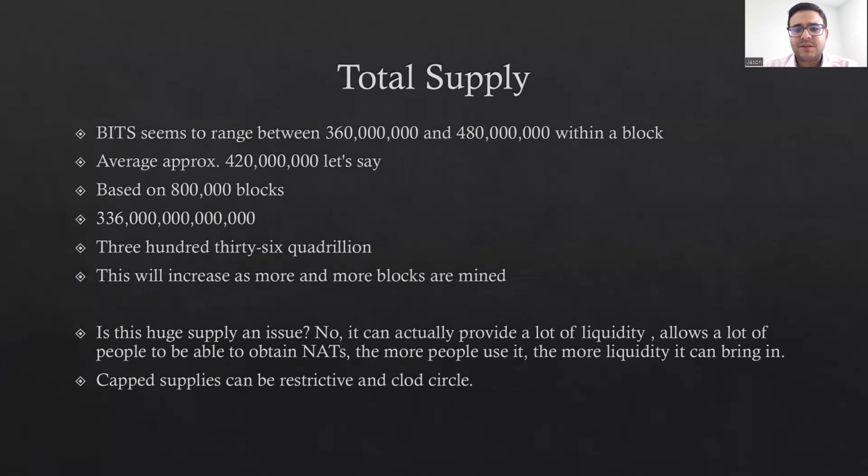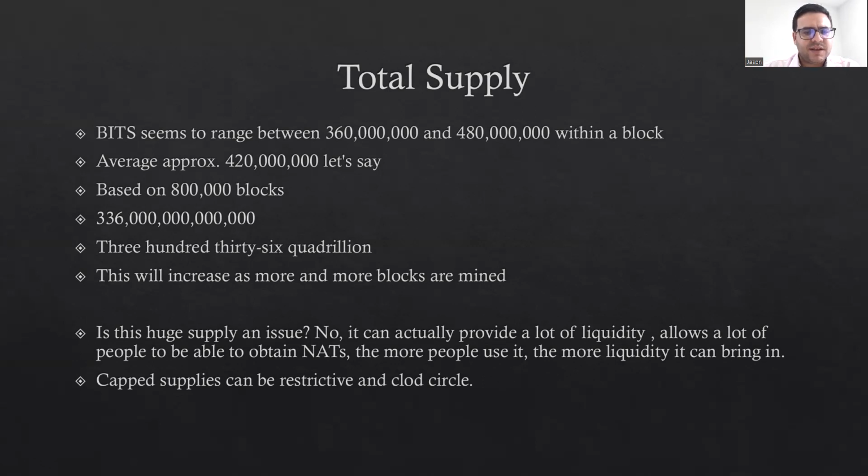I looked at the bits between various samples of different blocks, and it was ranging between 360 million to 480 million bits, with an average of about 420. Look, this could be plus or minus 10, 15%, so don't hold me to these numbers. And to be fair, I'll probably note later on that trackers and indexers will be keeping tabs on these, so we'll get a lot more clarity on this over time as things are getting set up a lot better.